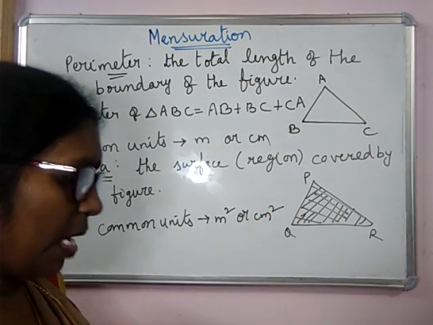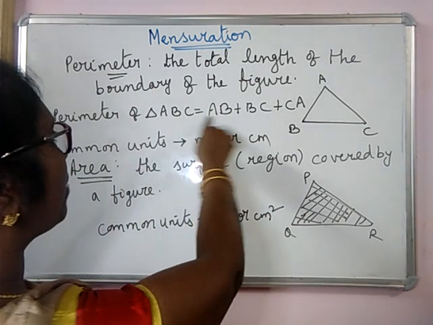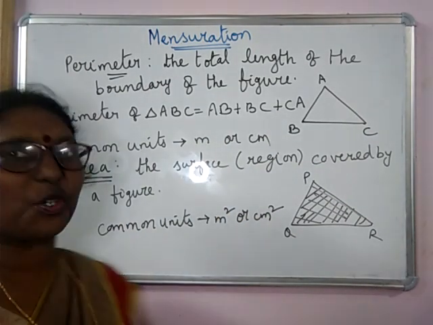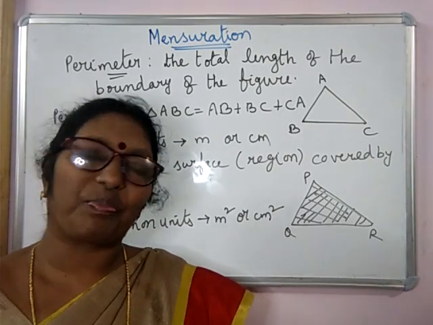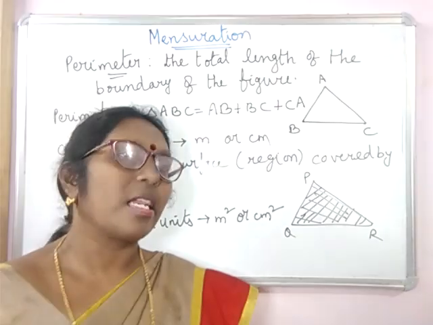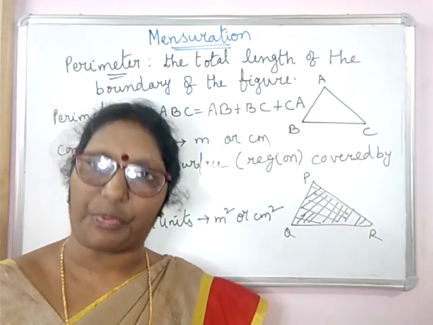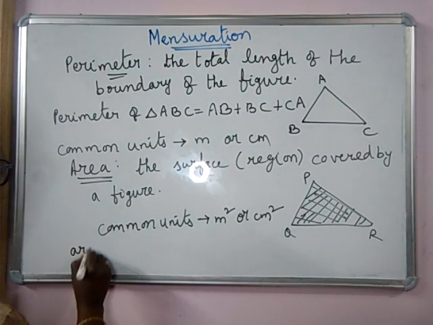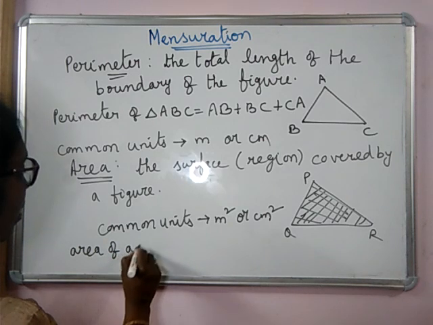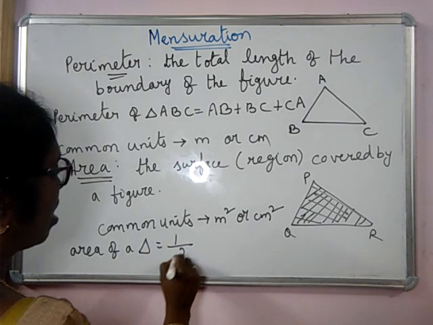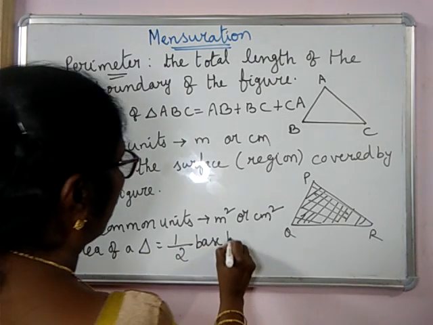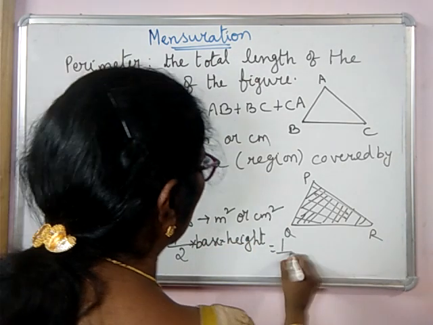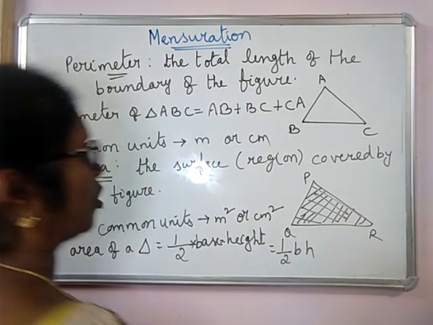Okay? And here I said perimeter of triangle ABC means AB plus BC plus CA. But here I did not give you anything about area. I said area of different triangles are different. But the common formula for finding the area of a triangle is half base into height, in short half BH.